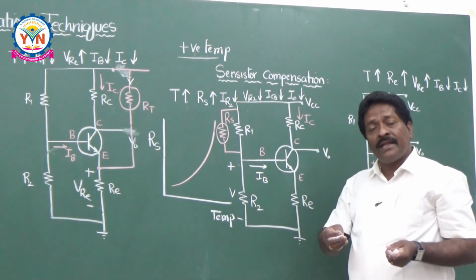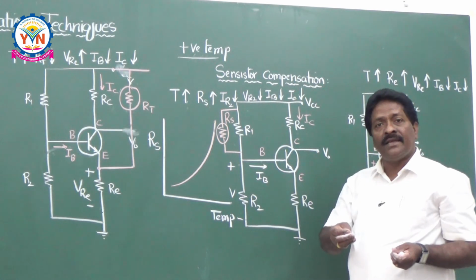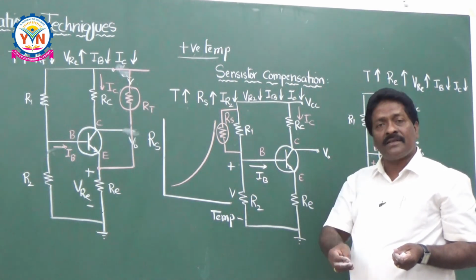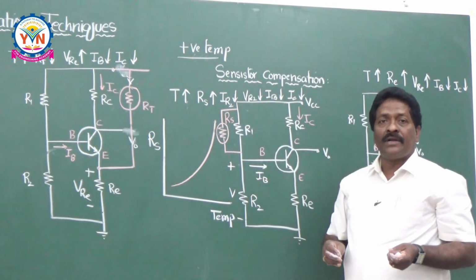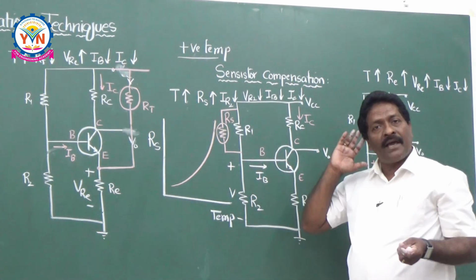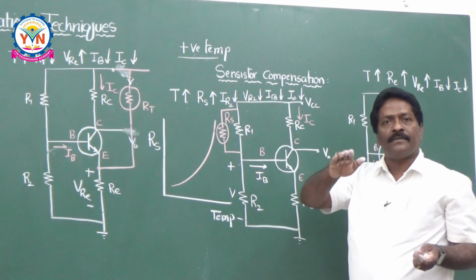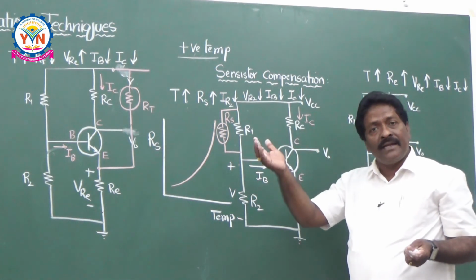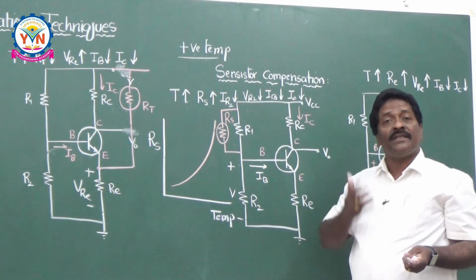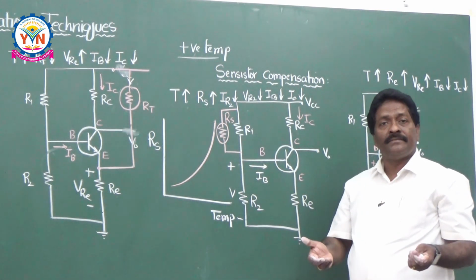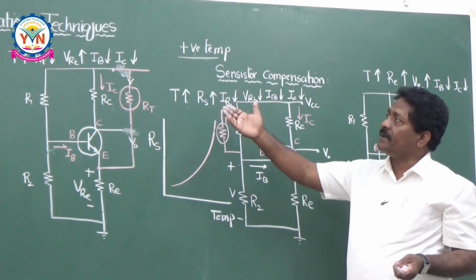And we have taken care of the variations of IC with respect to reverse saturation current, VBE and beta. But the one major problem in those biasing techniques is the feedback problem. The net gain decreases, the net output decreases. As the amplification of the signal decreases, we go for compensation techniques.